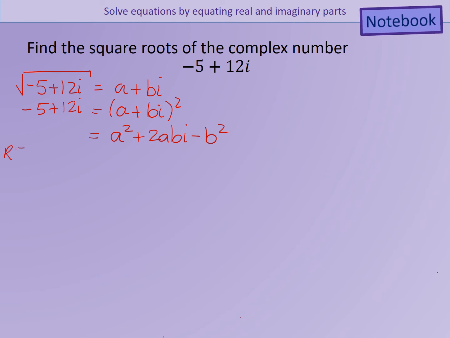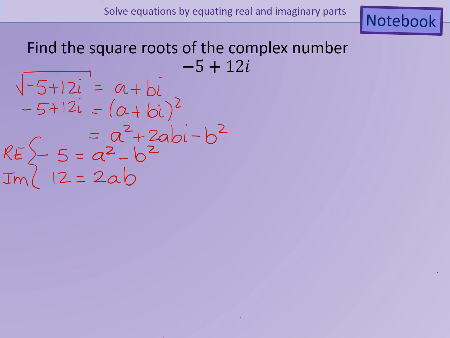And equating the real and the imaginary parts, we have minus 5 is equal to a squared plus minus b squared, and 12 is equal to 2ab. So we are solving these simultaneously.